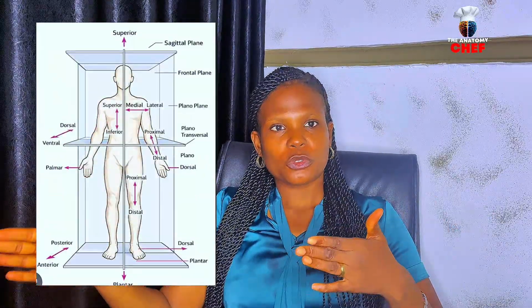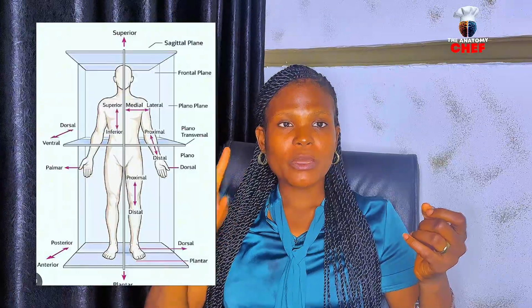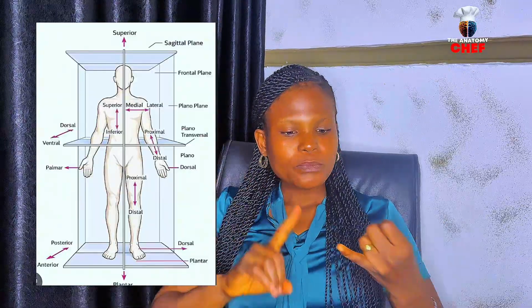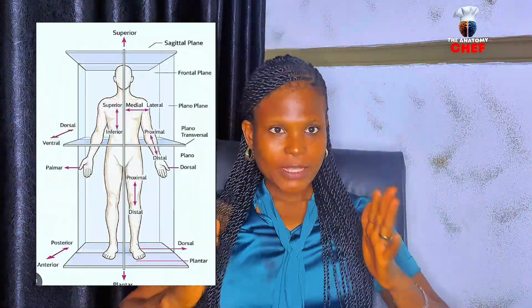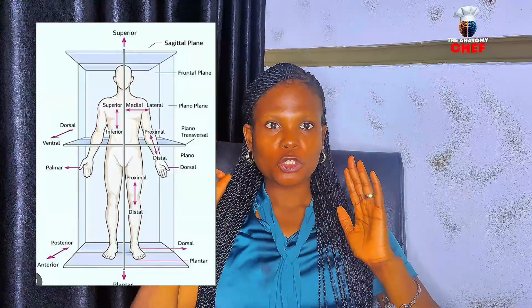So what is this position? The first thing you need to know about anatomical position is that the body has to be standing upright and erect. I'm sitting, but of course you see the picture on the screen.